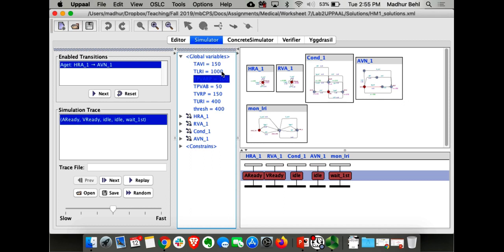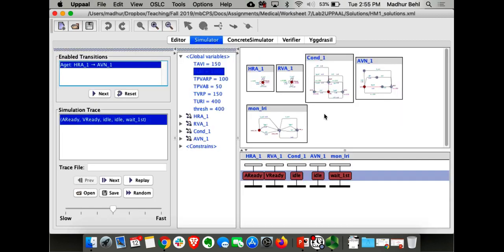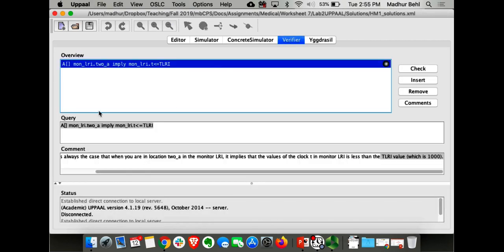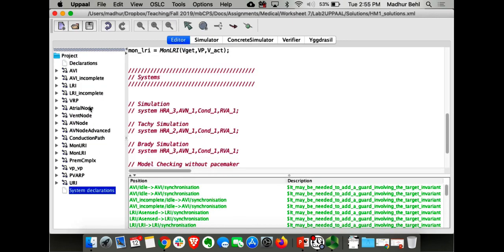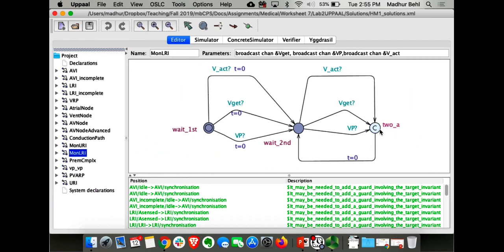In other words, I have defined a global variable, and what I'm asking is, in this system, in normal sinus rhythm, when my atria node is behaving as is, is it always the case that, for all paths, which means this big A, it's always the case that if you are in the location 2A, this location in my monitor, then the timer of this monitor must be less than or equal to 1000, or 1 second, which is this constant that we define.